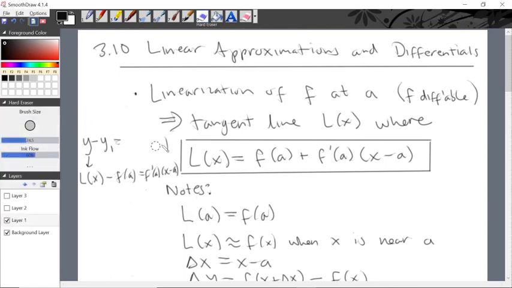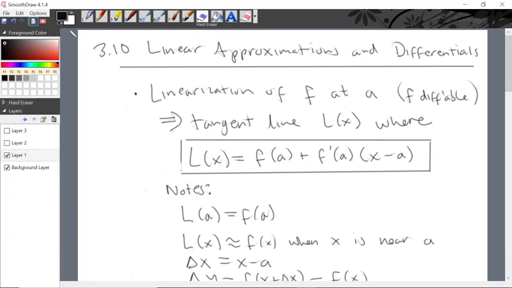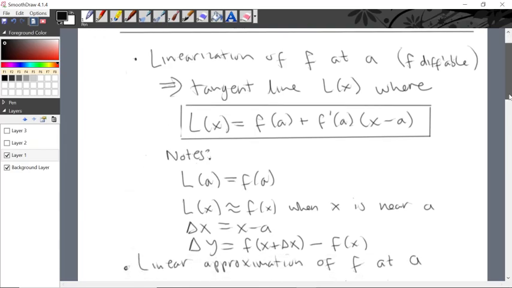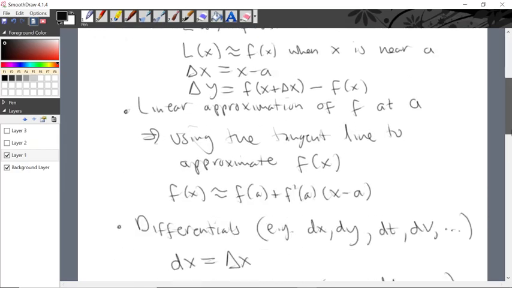Now, the linear approximation of f is an output that we get from the tangent line that is meant to approximate an output that would have come from the original function. The tangent line and the function are not going to equal each other in general away from the fixed point.